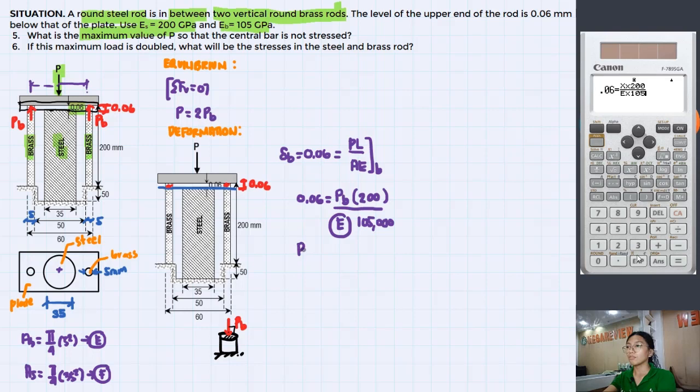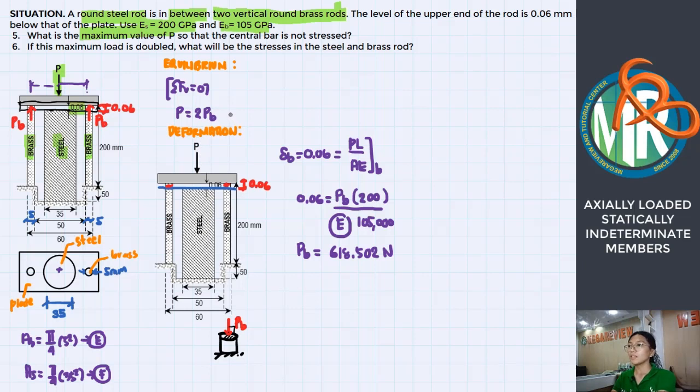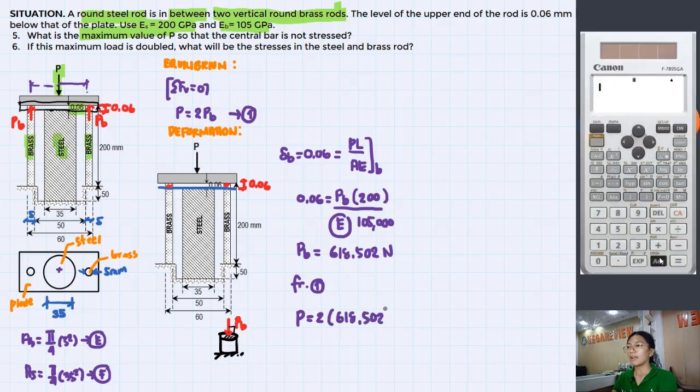So you can get the force of the brass rod, which is 618.502 Newtons. From here, you can get the maximum value of P such that the steel rod is not stressed, using the equation we got from the equilibrium equation, equation 1. From equation 1, P is twice the force in our brass rod.